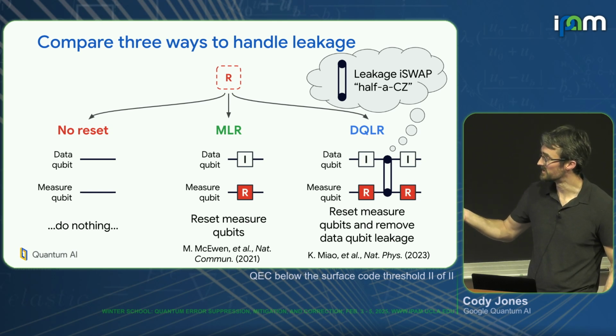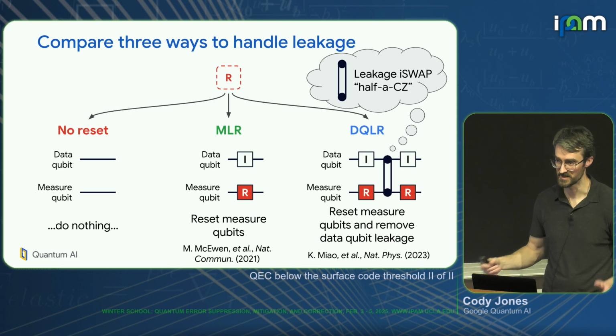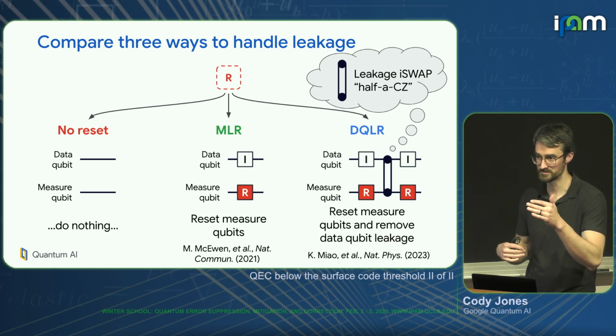This is actually a swapping interaction that involves a leaked state. And what it does is, if this upper qubit is actually in the 2 state, is leaked, then it will pull an excitation, one photon, if you will, although some people don't like me using that term, pull an excitation down here. And so then what's left behind is this is in the 1 state, and then down here is in the 1 state. And so leakage is no longer there because it's almost like it got pulled into 2 places.